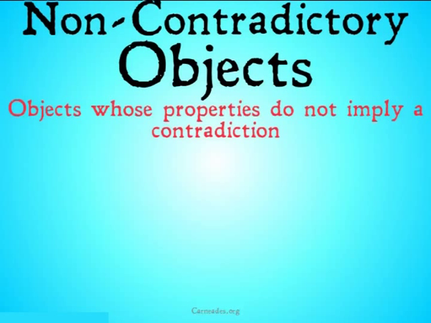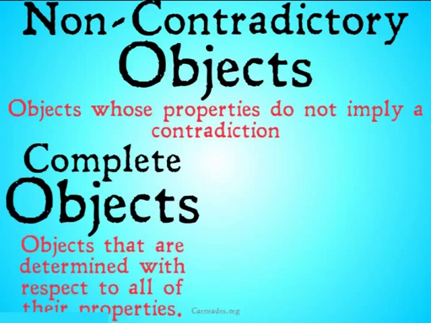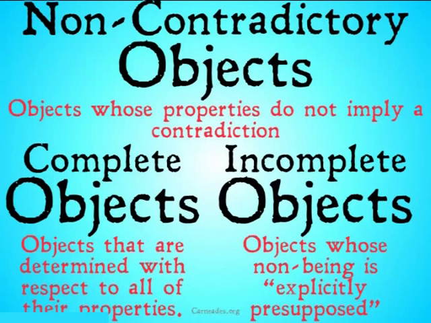Non-contradictory objects can be divided into two categories: complete objects and incomplete objects. These are distinctions that we should understand from earlier. Complete objects are objects that are determined with respect to all their properties, whereas incomplete objects, in this sense, are objects whose non-being is explicitly presupposed. We'll take a look at each of these individually.